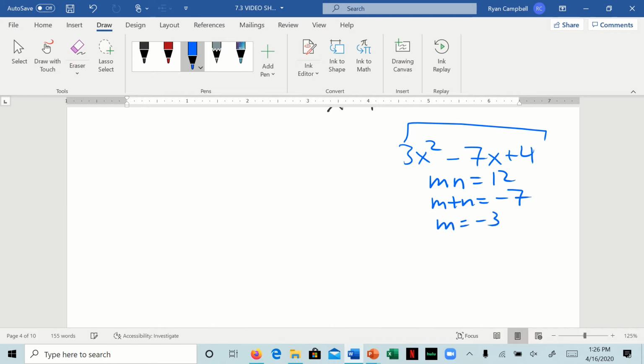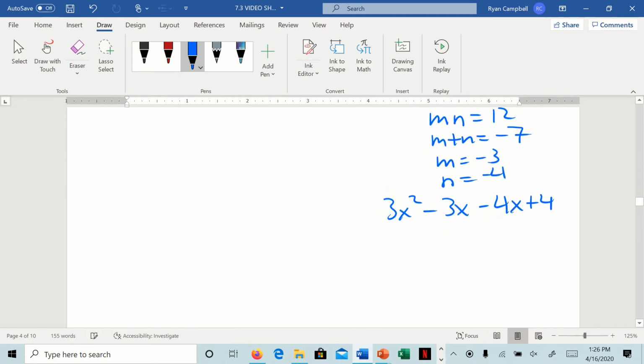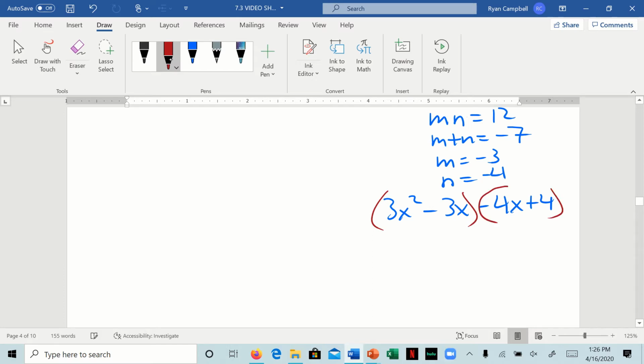Well, that's going to be negative 3 and negative 4. So 3x squared minus 3x minus 4x plus 4. Group them up. Remember to include the negative when you're grouping things.